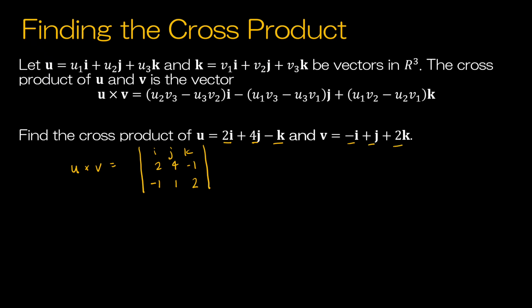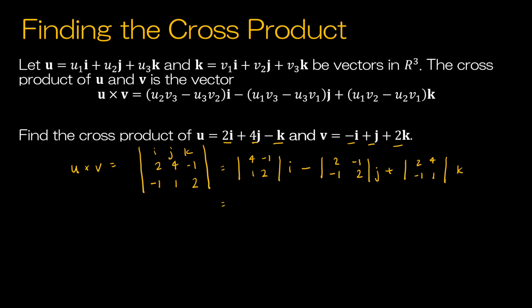To find this, I'm going to do cofactor expansion on i. So I have the determinant of 4, negative 1, 1, 2, times i, minus, so there's a minus in front of the j, the determinant of 2, negative 1, negative 1, 2, cofactor expansion on that first row, and then plus the determinant of 2, 4, negative 1, 1, times k.